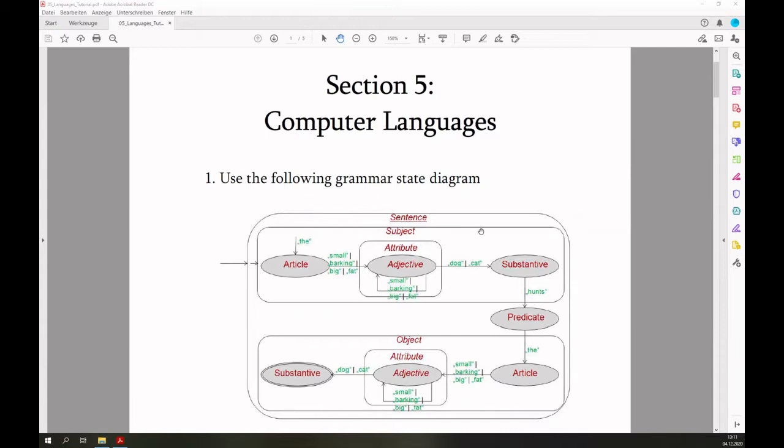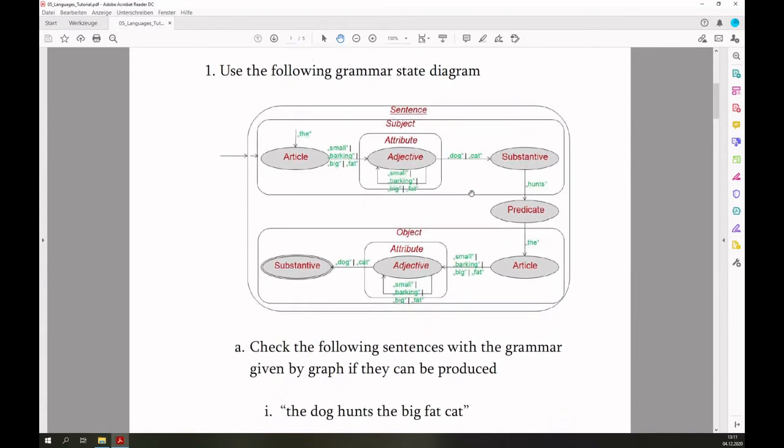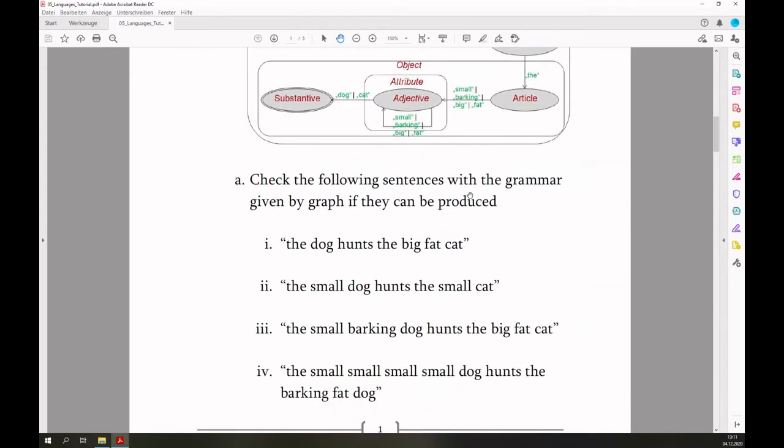And the first question directly asks for checks against this grammar, so that we have a special sentence and we want to check if the sentence fulfills the grammar. So the task is: check the following sentences with the grammar given by the graph, if they can be produced. The first sentence is: the dog hunts the big fat cat.